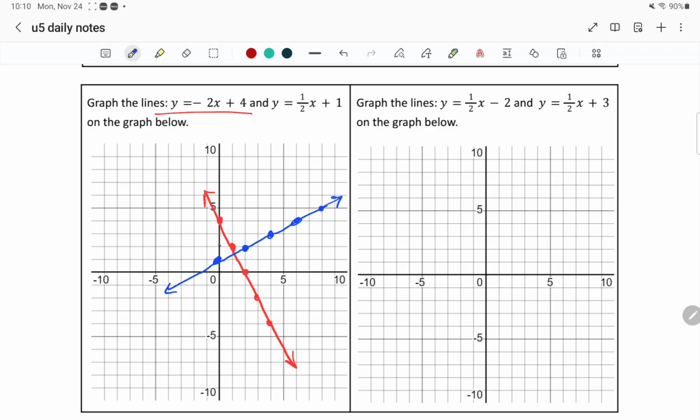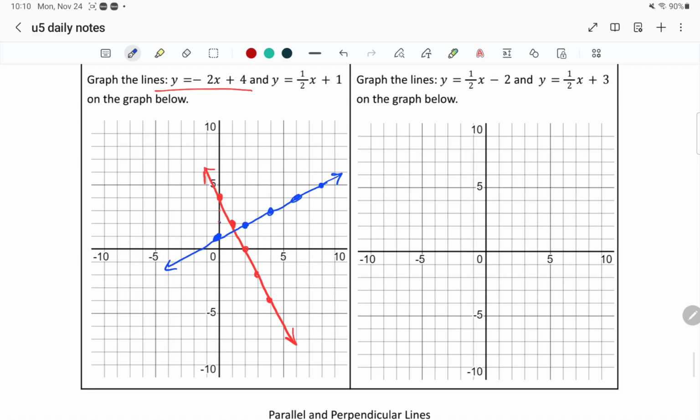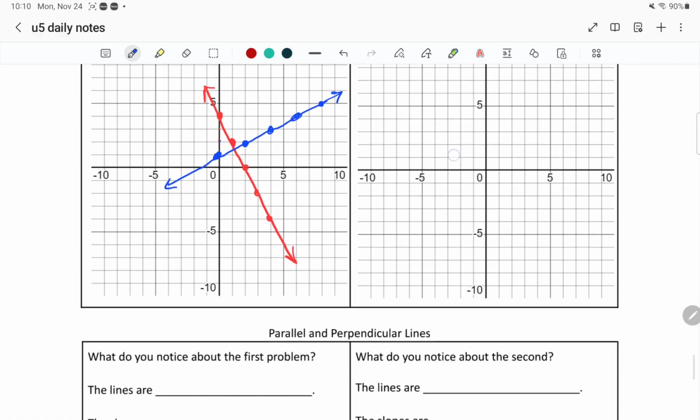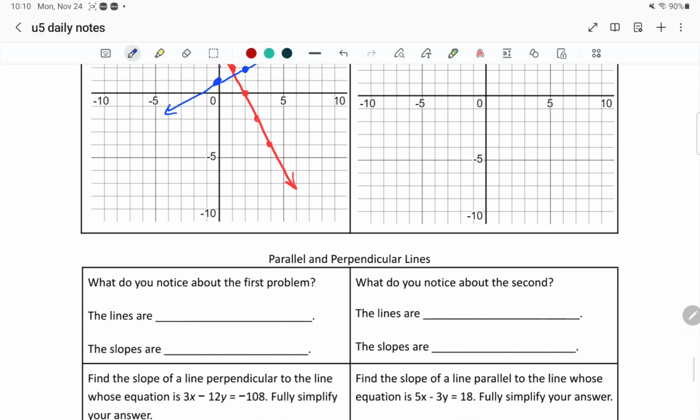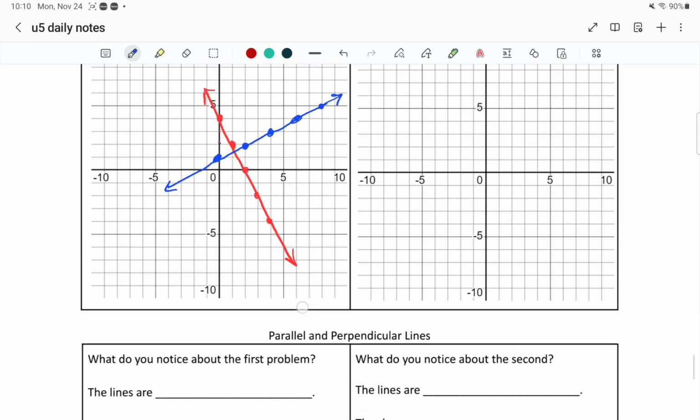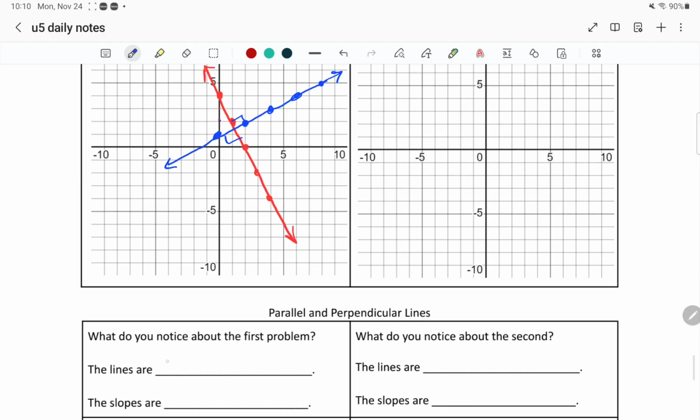Okay, let's pause on the other graph and let's go a little bit down. In this first problem, these lines make a perfect 90-degree angle in here. So when we do that, we call that perpendicular.